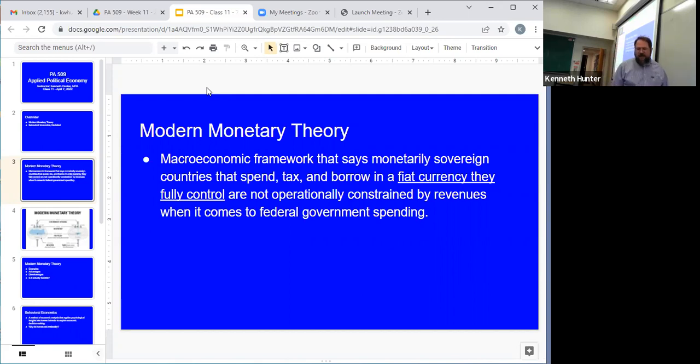Those nations that can spend, tax, and borrow in a fiat currency that they fully control, they are not operationally constrained by revenues when it comes to federal government spending. What that really means is they can borrow theoretically an unlimited amount.